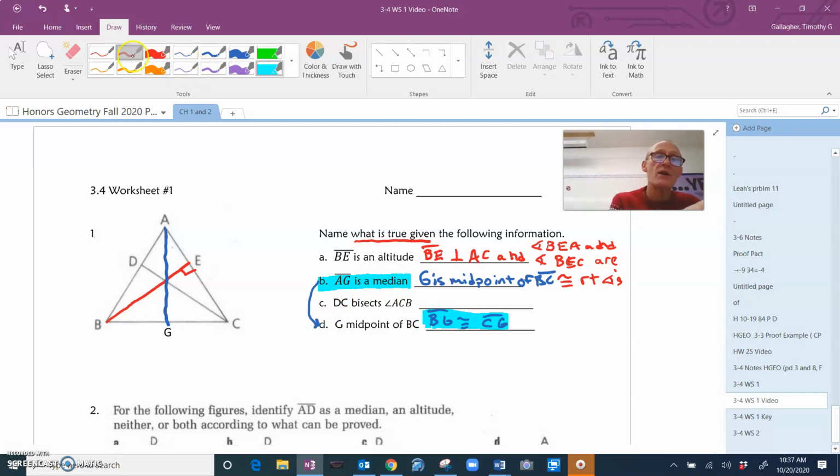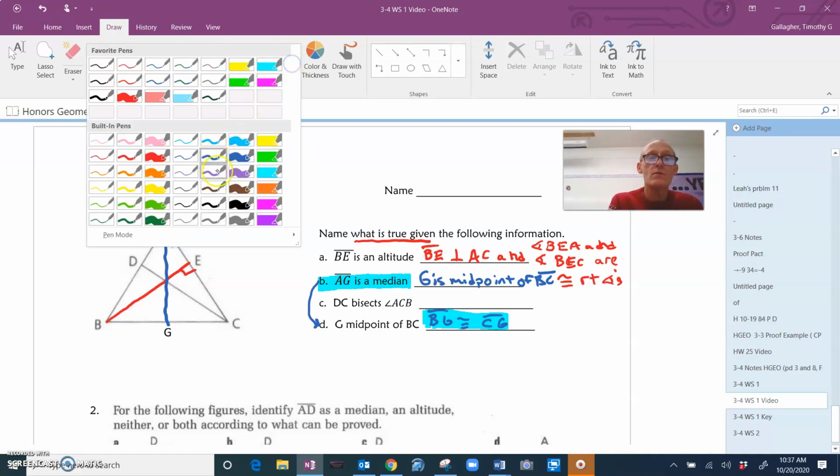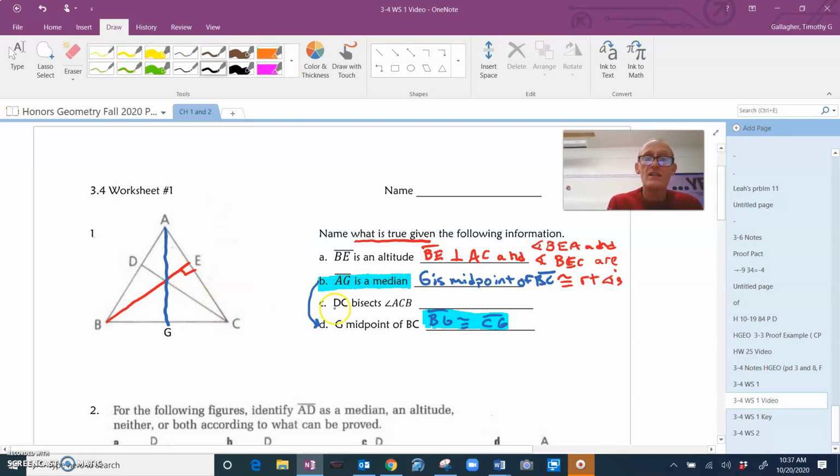All right, the next problem says that DC bisects angle ACB. So here's DC, and angle ACB is this one right here. So that means that this angle and this angle are congruent.